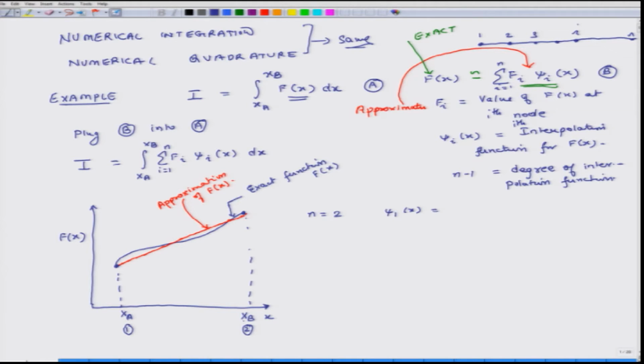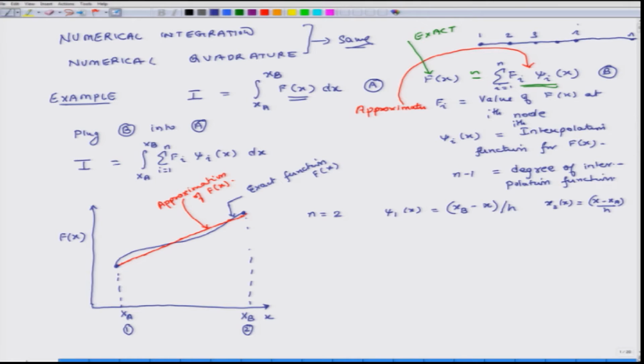Corresponding to node 1 the approximation function is, and we have seen this in this course as well as in part 1, x b minus x divided by h, and psi 2 is equal to x minus x a divided by h.